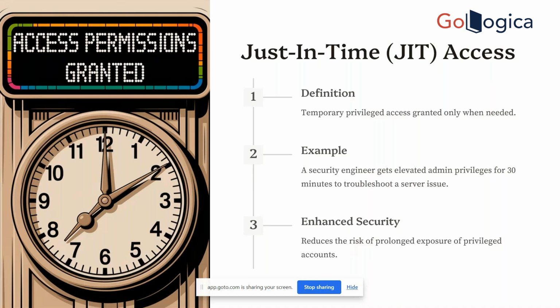So I elevate his privilege from read-only access to super administrator for only 30 minutes to work on this activity. After 30 minutes, his permission is completely revoked, whether or not he has done that activity. After 30 minutes, he is not able to access it any further. So that's why we call it just-in-time access.